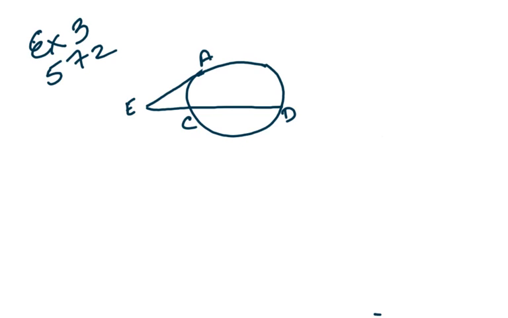Okay, let's call this 16. Let's call this X. Let's call this 8. I'm just looking at example 3. All right, so all we have to do is say X times the whole thing, which is X plus 8, is the same as 16 times 16, or 16 squared.